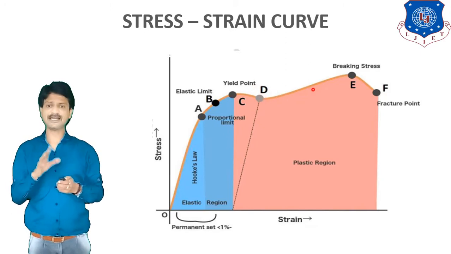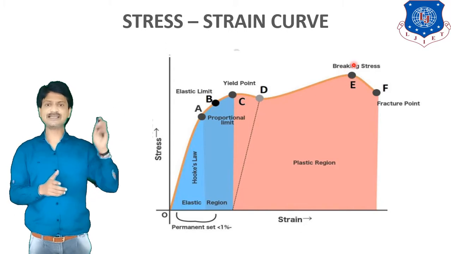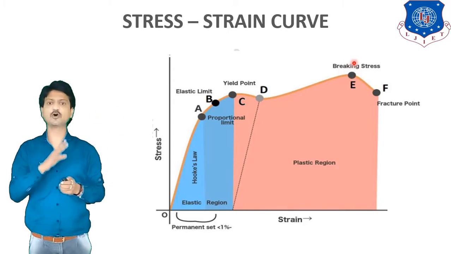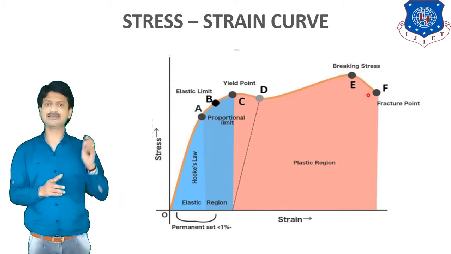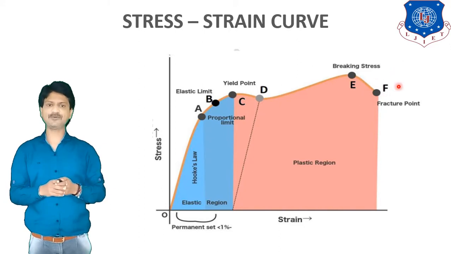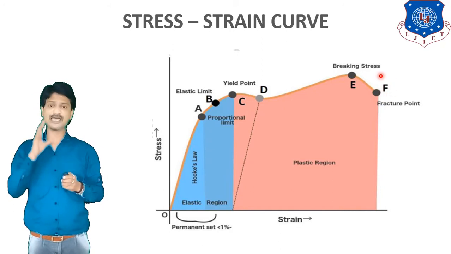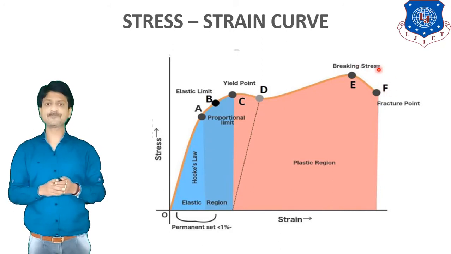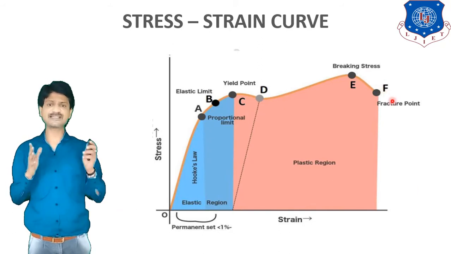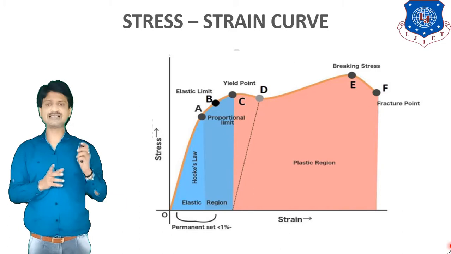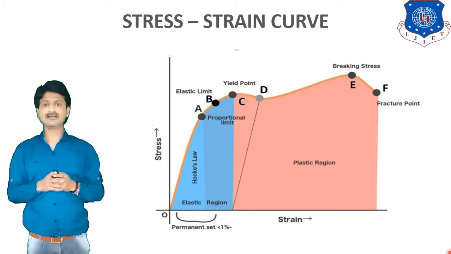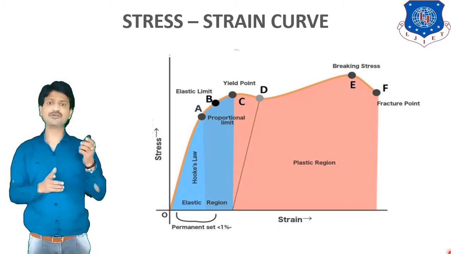After that at point E, that is the ultimate load point, and last at point F we have the breaking point, and the stress related to that point is known as the breaking stress of the material. So this is all about the stress strain diagram. Now we will move further to the next property.